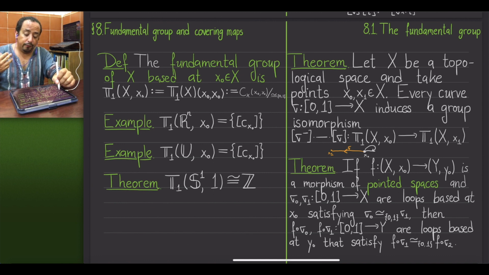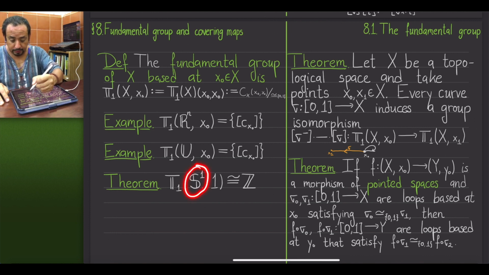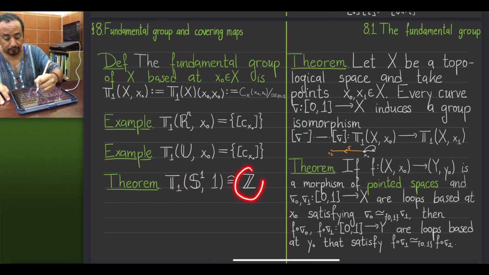And I would say the first example one encounters of a space with non-trivial fundamental group is the circle. Its fundamental group is isomorphic to the integers.